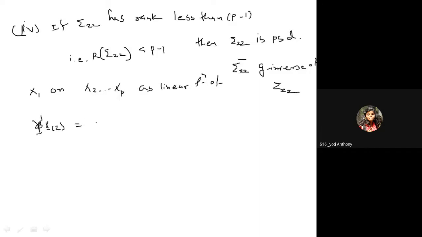Don't confuse yourself. How many elements are there? It is p minus 1 elements, beta j xj, but it is not full rank. So what is the rank? Let us say the rank is s, then j running from 1 to s, beta j xj.